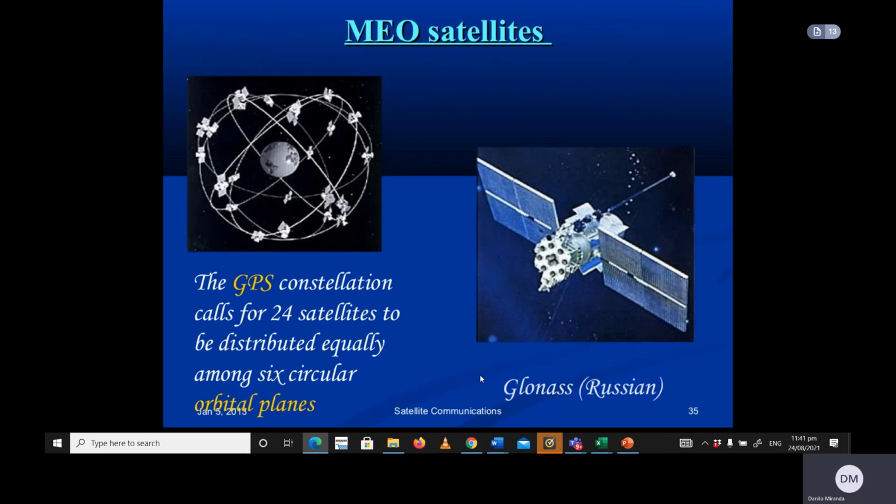So the MEO satellites are where your GPS constellation calls for 24 satellites distributed equally among 6 circular orbital planes. And on the right side is the GLONASS, the Russian MEO satellite.